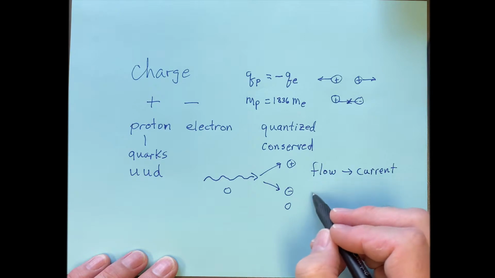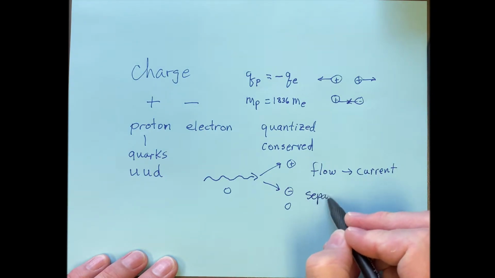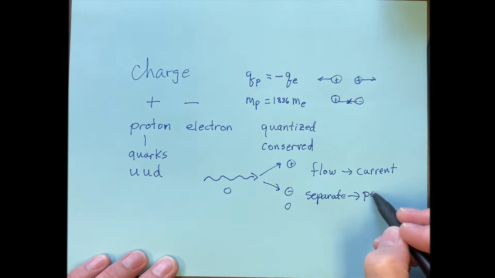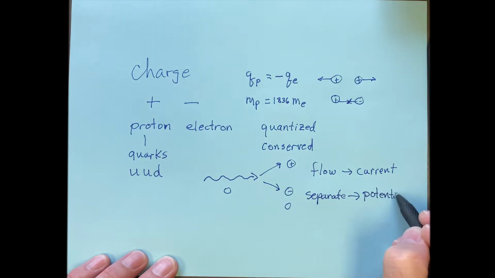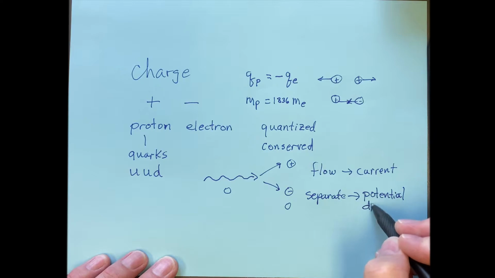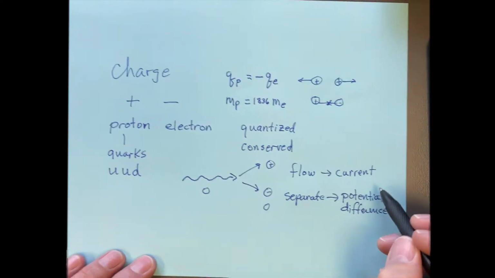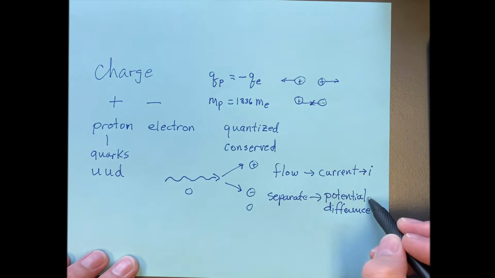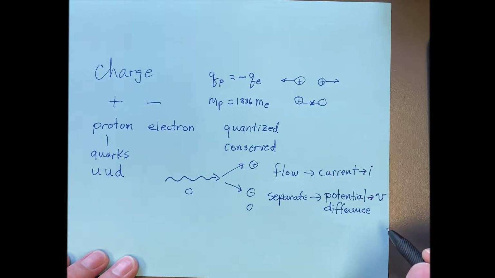And if we separate charges, it also creates something called a potential difference. Now, current is going to be symbolized with the letter I here, and potential difference is going to be symbolized with the letter V here.